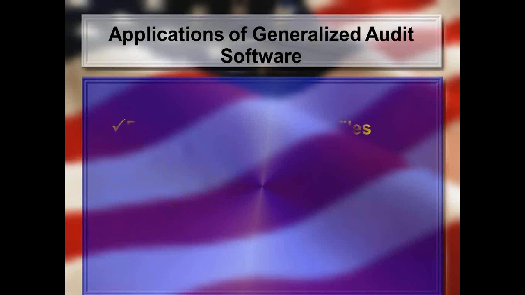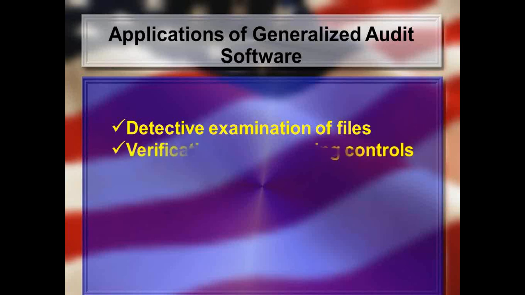We can use it for overall detective examination of files. So if we wish to know what the contents of a file is, we can go and look at individual records. We can extract information from them. We can do verification of processing controls.